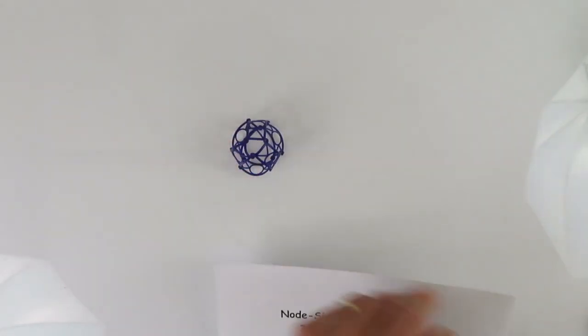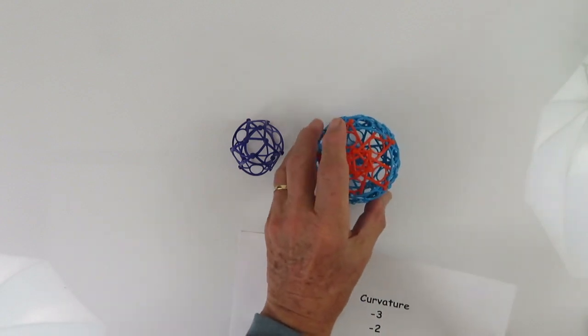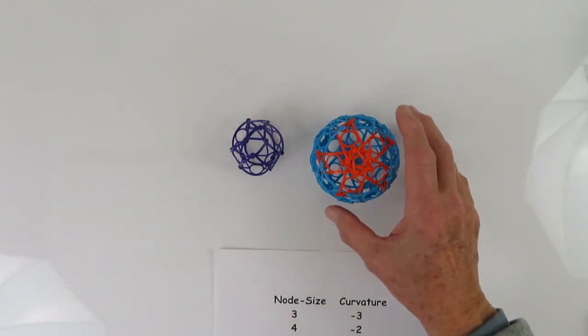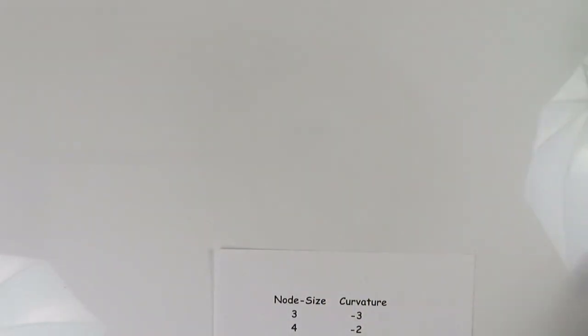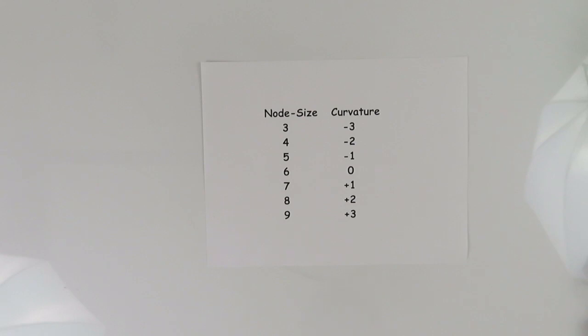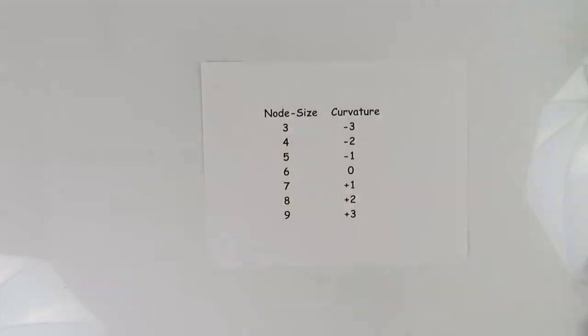In the past videos we've seen structures of different sizes with different numbers of edges coming together at a node. And I might have mentioned on occasion the notion of curvature, but let me just present this slide here. This is a table showing the node size 3, 4, 5 to 9 and the curvature.